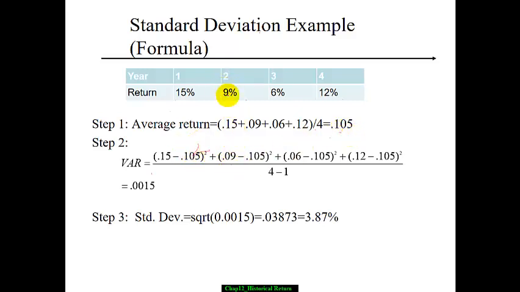We do this for every single annual return. After we add them up, we divide by the number of years, 4, minus 1. This gives us a variance of 0.0015. After you take a square root, you get a standard deviation, for this example, of 3.87.